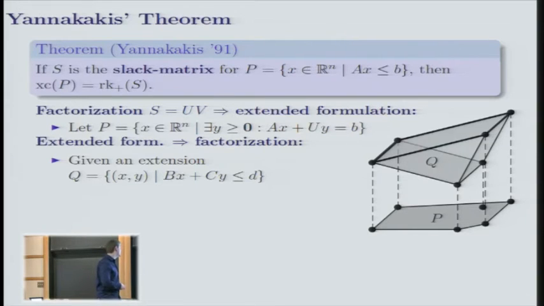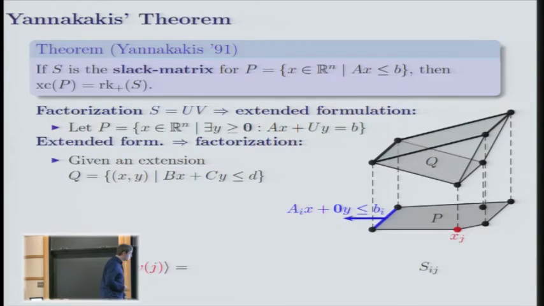Okay. Now let's assume that this is our linear extension, and I was talking about this linear projection, and let's just assume without loss of generality that the linear projection is the projection on the x variables. In other words, whenever you have a point in your polytope P, you can look up and you are going to see a point in Q. Now, how do you get the factorization?